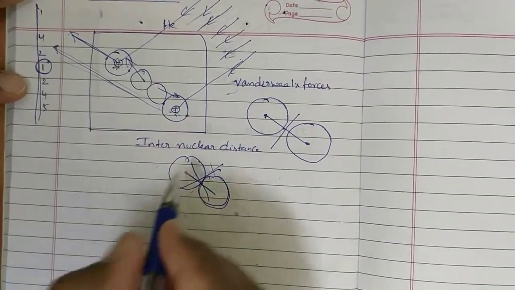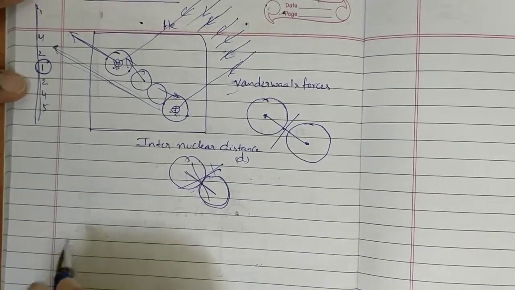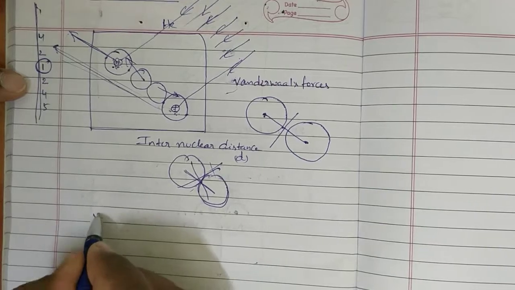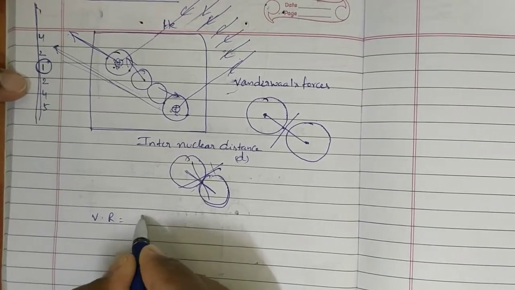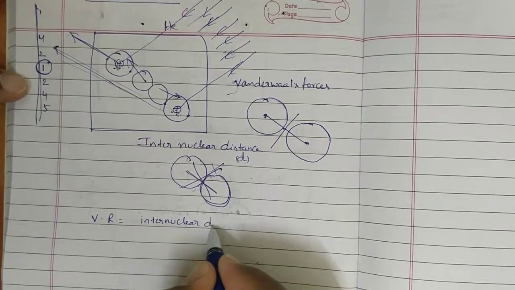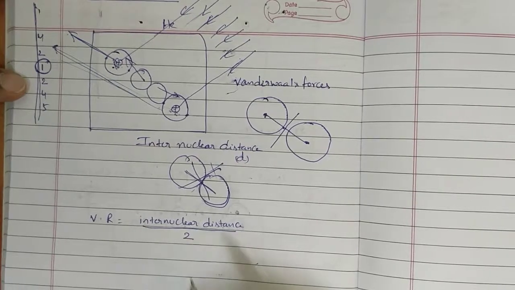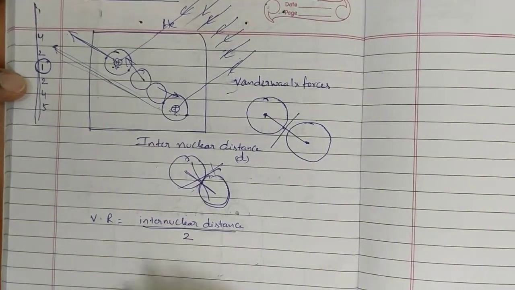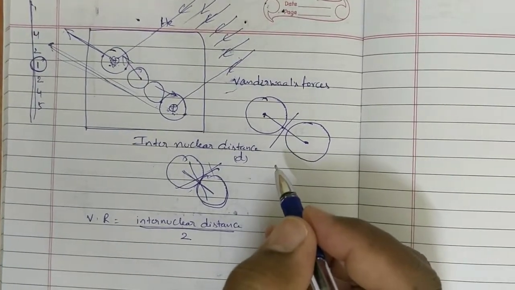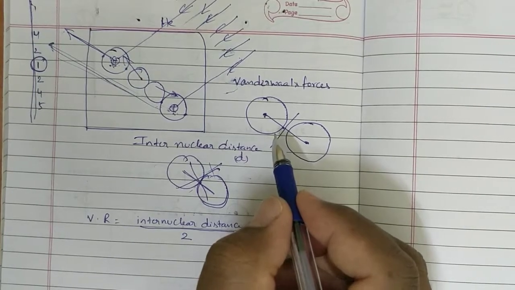Okay, so the internuclear distance D, half of that internuclear distance is called van der Waals radius. It is okay, but the actual value is lower than our experimental value.